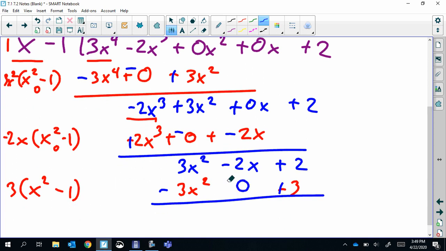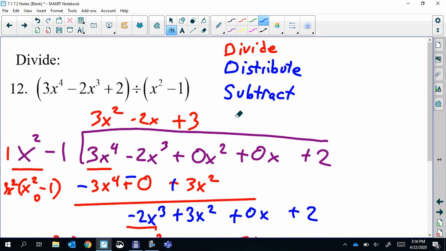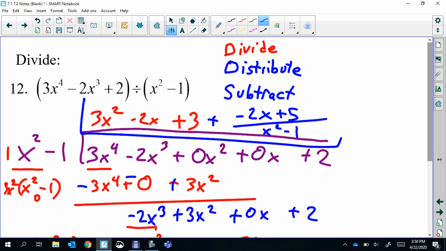There was nothing here, so when we put those together, it's negative 2x plus 5. This part is your remainder. That's our remainder. When you write your remainder, you write it as a fraction over what you divided by, x squared minus 1. So this entire answer up here, that's your quotient.